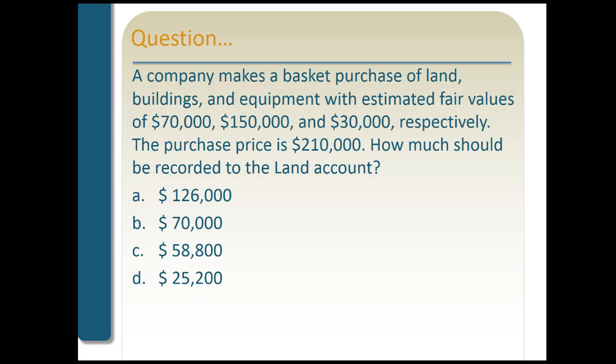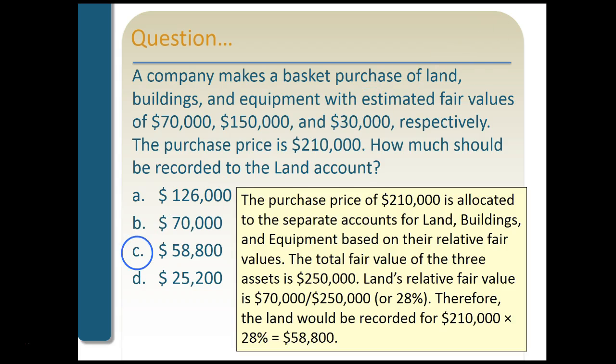So if land is $70,000 out of the entire $250,000, then we would take the 70 by 250 to come up with a percentage. So that 70 divided by 250 would be 28% of the total. Since the purchase price is $210,000, 28% of $210,000 would be $58,800.